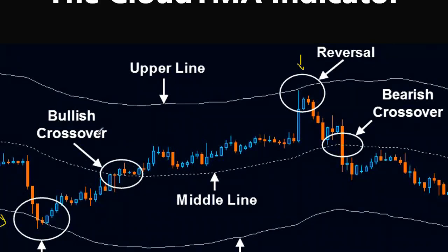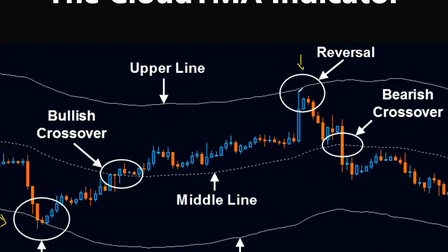In other words, we'd be setting ourselves up for a buy or long trade. And if price reverses off the uppermost band and crosses over the middle TMA dashed line, we're looking at a bearish crossover. And that would tell us that the market is trending downwards at that point, and that we would be looking for a short or sell trade.